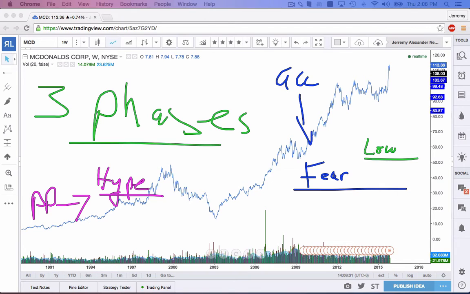Man, that thing's really moving. So they talk about this public participation phase because at this point, everyone's really excited about the overall move. So public participation is about the hype. That's where the money is often made, in the public participation phase of the market. So you have accumulation, public participation, and then this one, distribution.